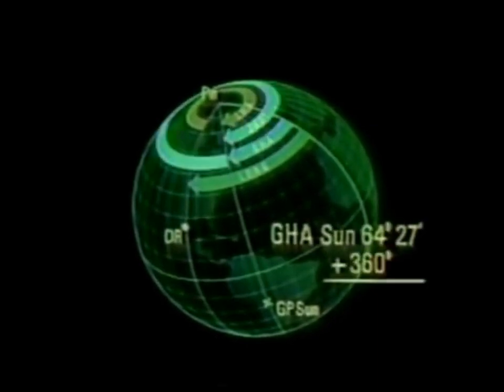To compute the LHA of the sun, you must first take the GHA sun and add 360 degrees. This gives you 424 degrees, 27 minutes. LHA is this figure minus longitude. The longitude of your DR position is 97 degrees, 12 minutes west.